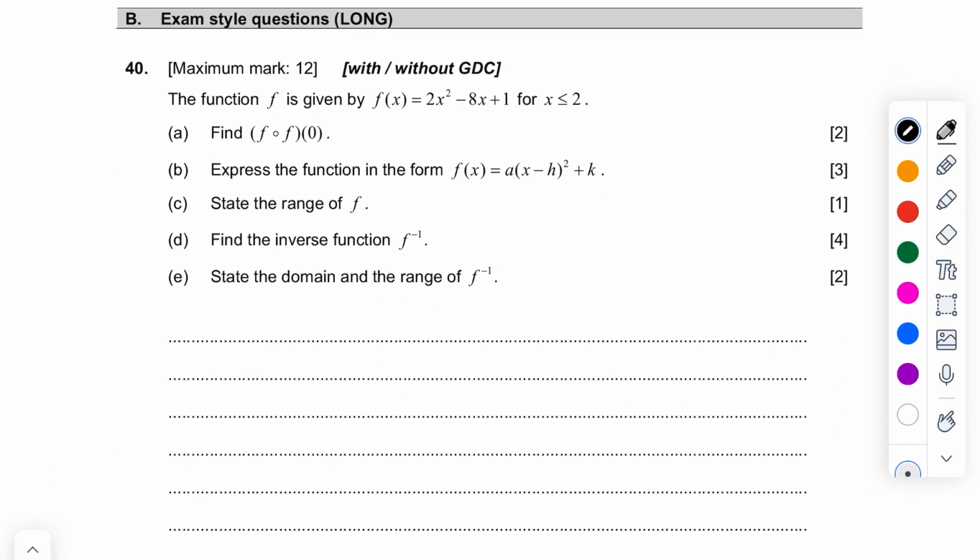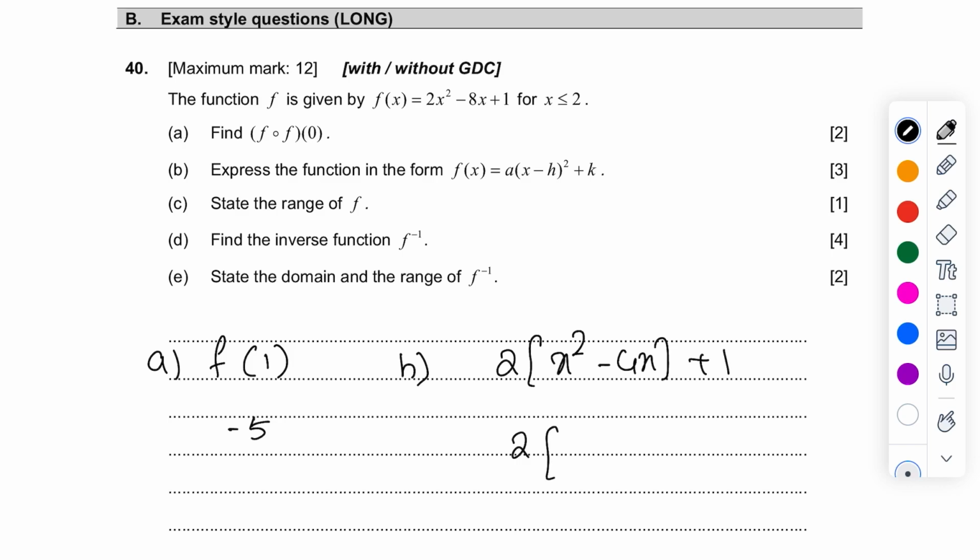Question number 40, f of 0. So f of 0 is 1. So f of 1 is going to be nothing but how much? Negative 5. Now do the completing the square. Take 2 common: x square minus 4x plus 1. So 2 times of x square minus 4x plus 4 minus 4 plus 1.